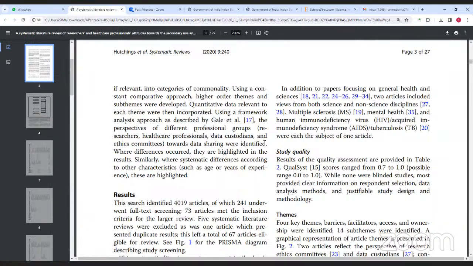Multiple sclerosis, mental health, and human immunodeficiency virus, acquired immunodeficiency syndrome, and tuberculosis were each the subject of 1 article. Next is study quality. Results of the quality assessment are provided in table 2. Quality scores ranged from 0.7 to 1.0, where the possible range was 0.0 to 1.0. While none were blinded studies, most provided clear information on respondent selection, data analysis methods, and justifiable study design and methodologies.